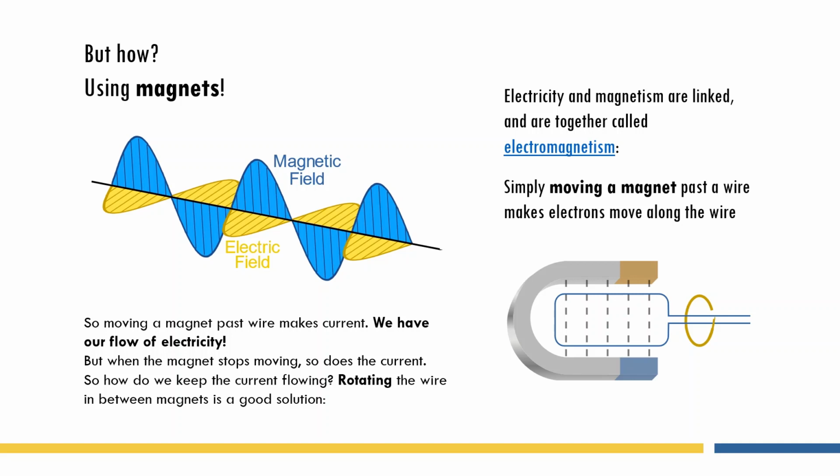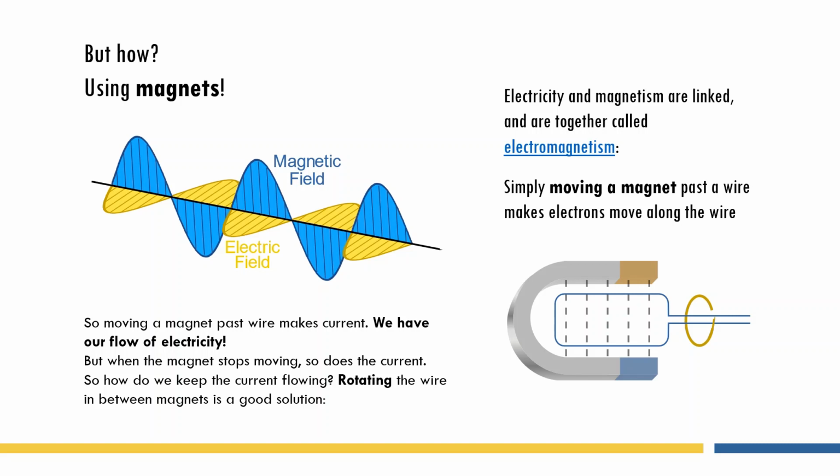Like I said, if you put magnets close to conductors such as metals and move them through the conductors, we can move the electrons. And the movement of electrons we call the flow of electricity. But when the magnet stops moving, of course the current also stops.